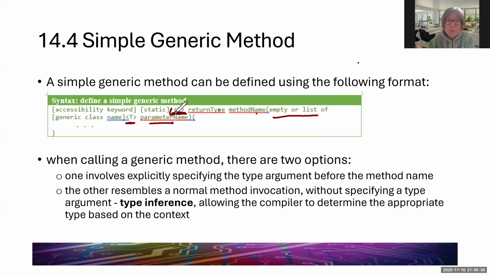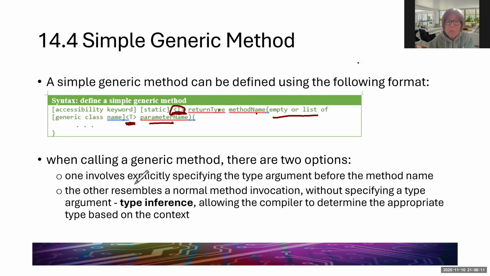So you need to provide the parameterized type before the return type for the method. And for the parameter list, it's either empty or some parameter whose type can be the parameterized type. And when we call a generic method, we have two options.